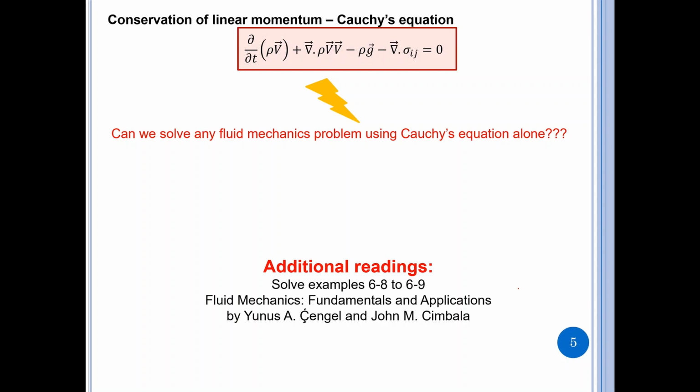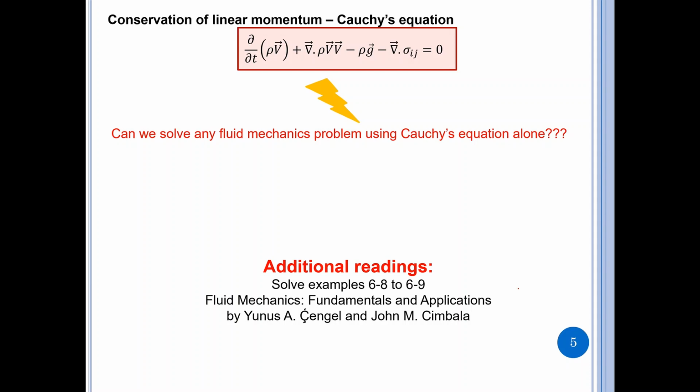So we cannot use Cauchy's equation coupled with the continuity equation alone to solve any fluid mechanics problem. What we need is constitutive equations, so that the number of unknowns is equal to the number of equations, and then we can solve fluid mechanics problems. I will discuss this when we start learning about the Navier-Stokes equation.